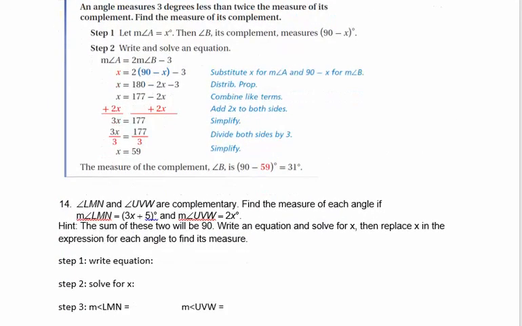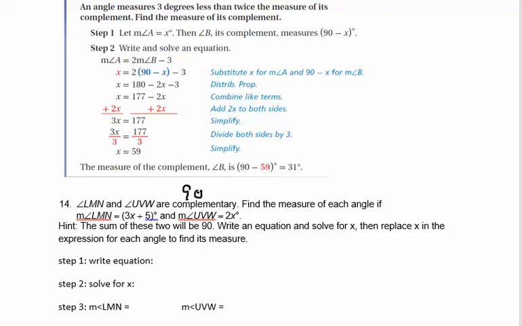If you need to solve a problem, I put a lot of hints on this worksheet, but some people are still having some problems. So let's look at a little bit more about how to write the equations. This is an example problem up here that you can look back on. In number 14, we have that angle LMN and angle UVW are complementary.